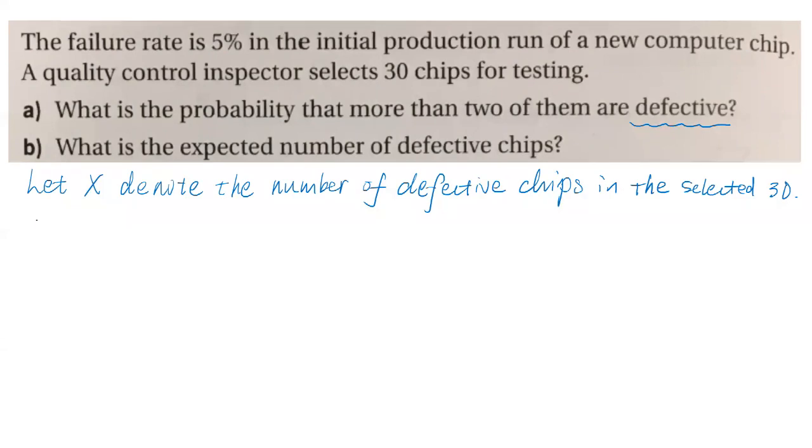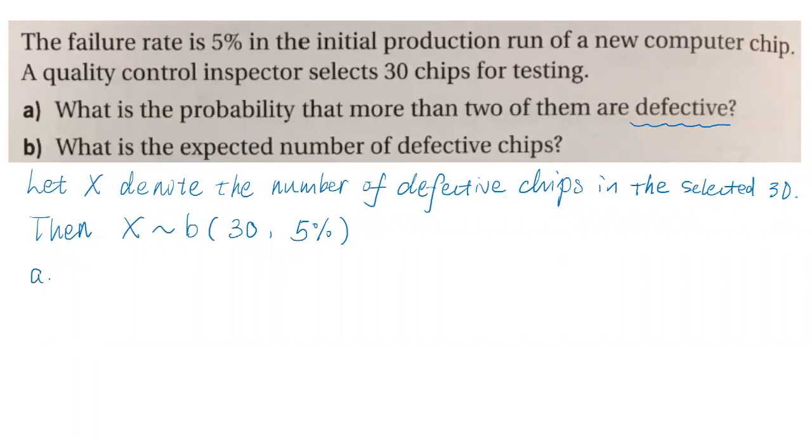So according to this analysis, the random variable X here follows a binomial distribution. The first parameter is the number of total experiments, which is 30. The second parameter is the probability of this event happening in each trial, which is 5%, right?